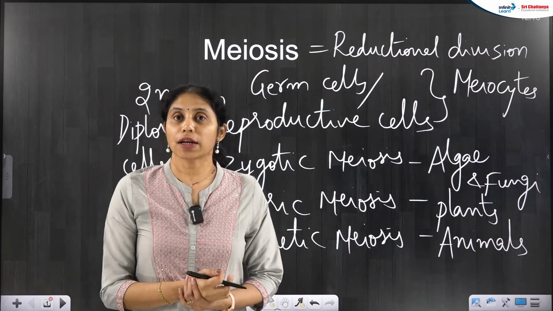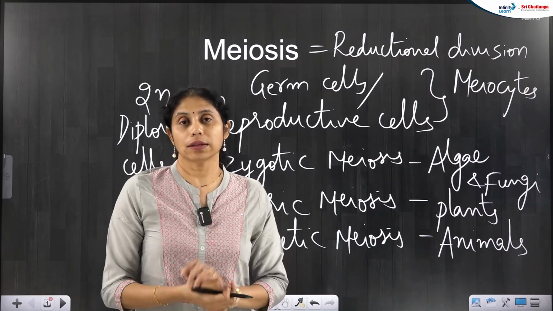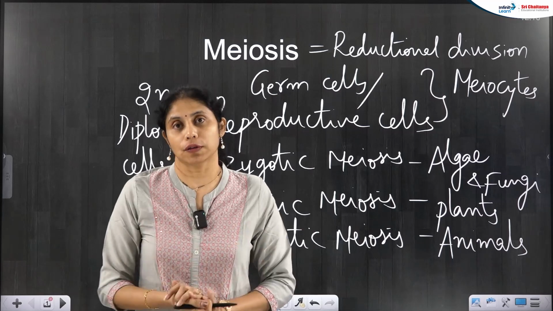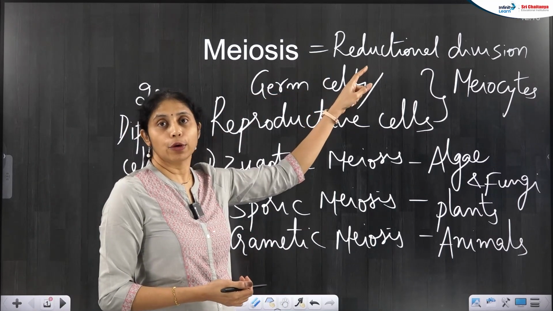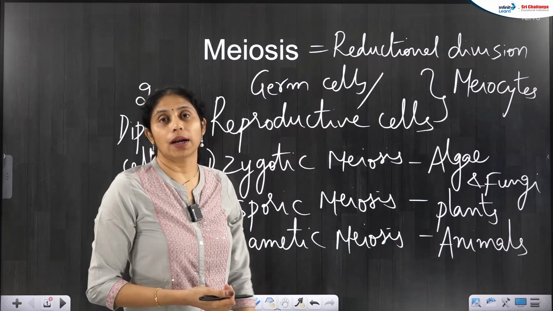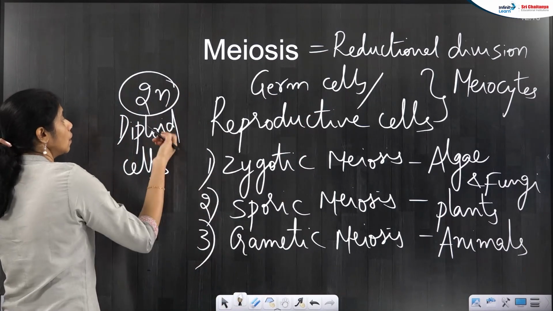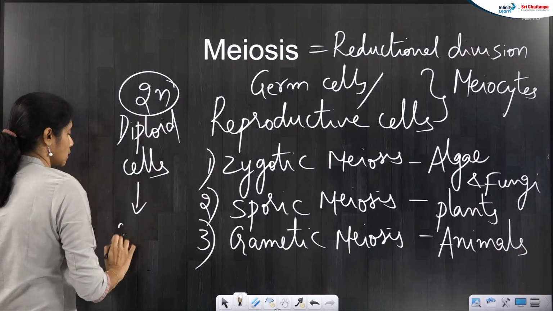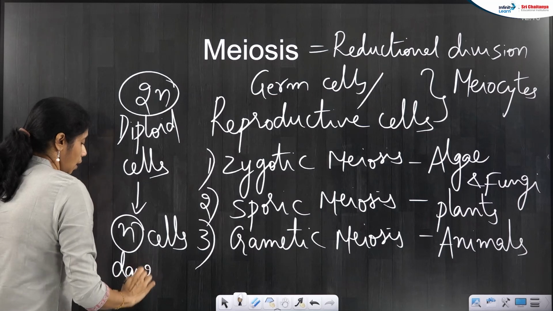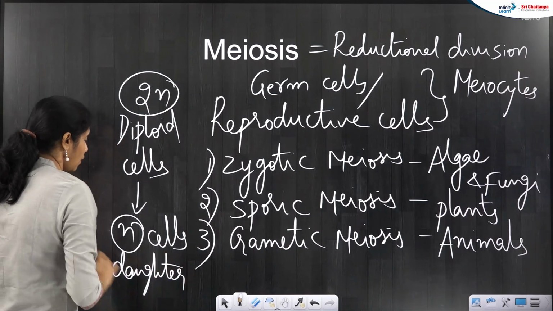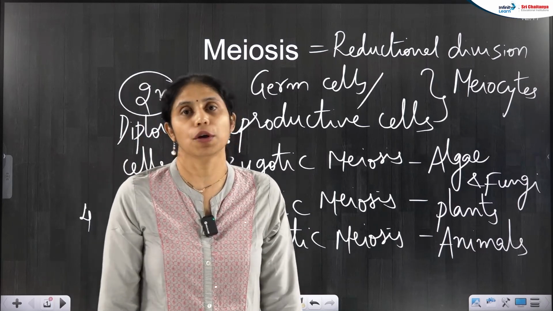When we take a parent cell which is diploid in nature, it divides into 4 daughter cells that are haploid by the end of meiosis. It converts diploid cells into haploid cells, and 4 daughter cells are formed at the end of meiosis.